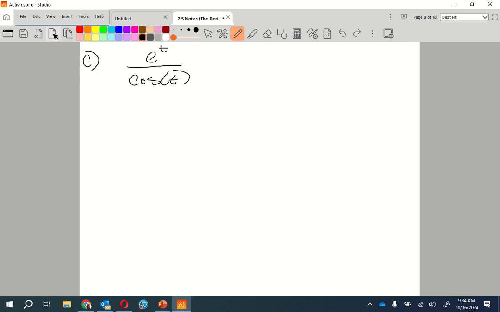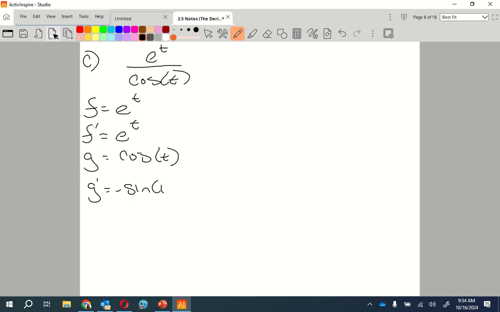There you go. Start listing it out. My F is E of t. F prime is E of t. My G is cosine t. G prime is going to be negative sine of t.